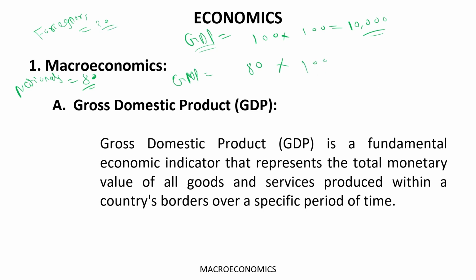In this condition, we have a value of 8,000. So this is the GDP and GNP. Always remember, GDP is always greater than GNP, as stated by this example: 10,000 is greater than 8,000. Got it?